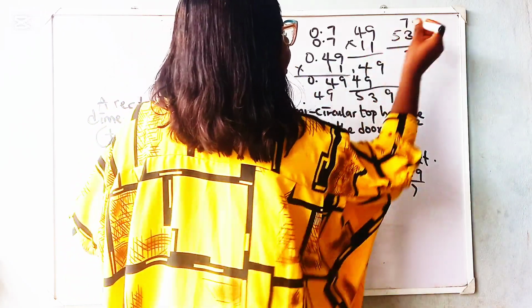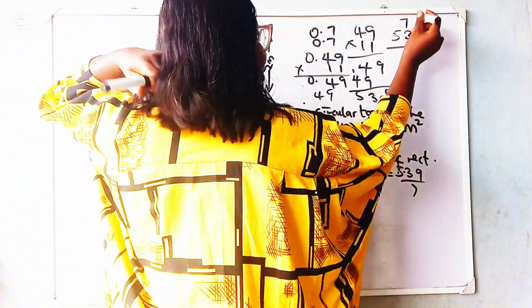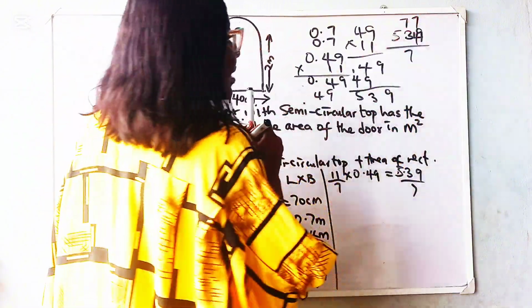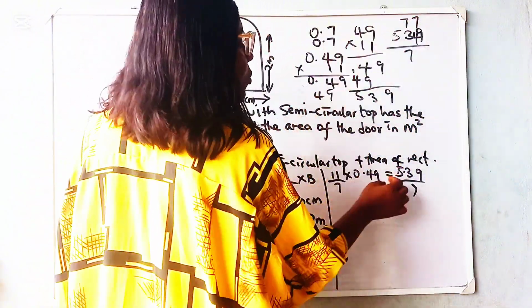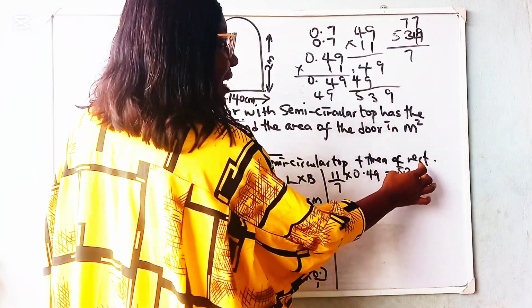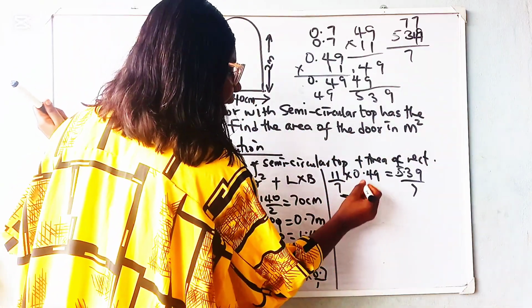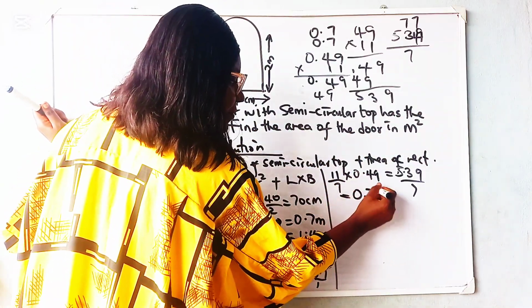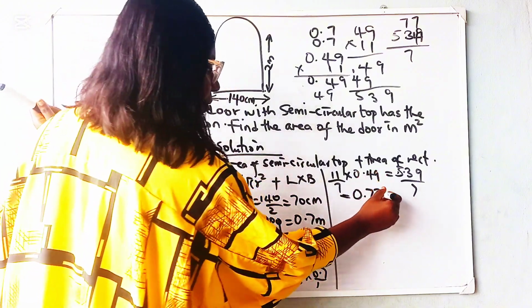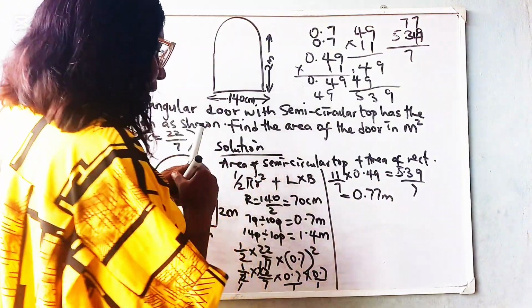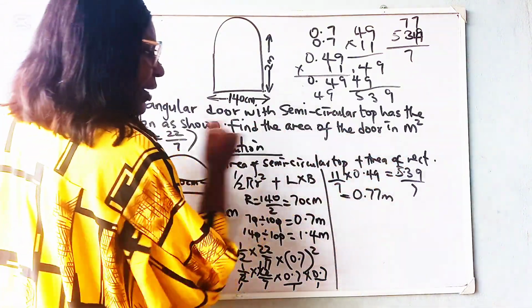Then 7 into 49 gives 7, because 7 times 7 is 49. Because we have 2 decimal places, our final answer here is 0.77 meter squared. Now let's solve for the area of the rectangle.